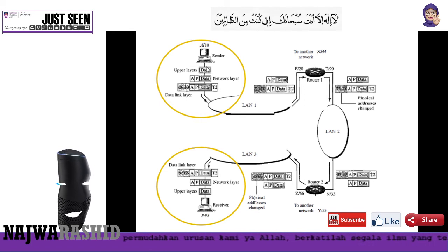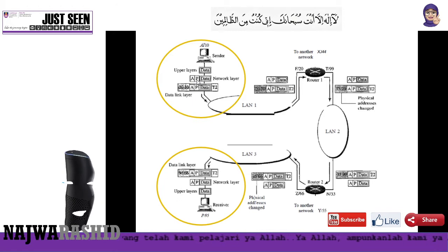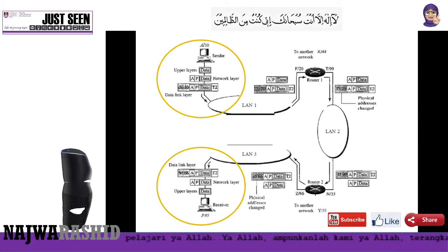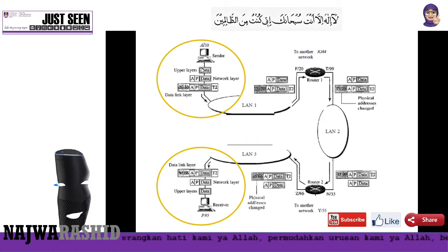So we have data. The data will be encapsulated with A and P. A and P define the source and the destination address. For example, A refers to the source address and P refers to the destination address.